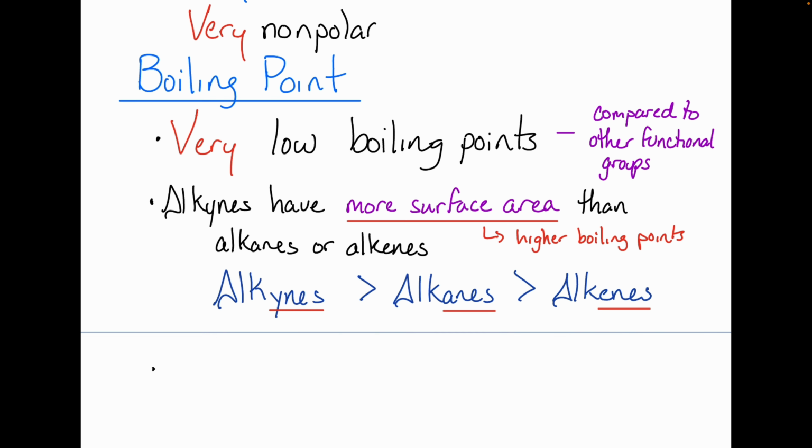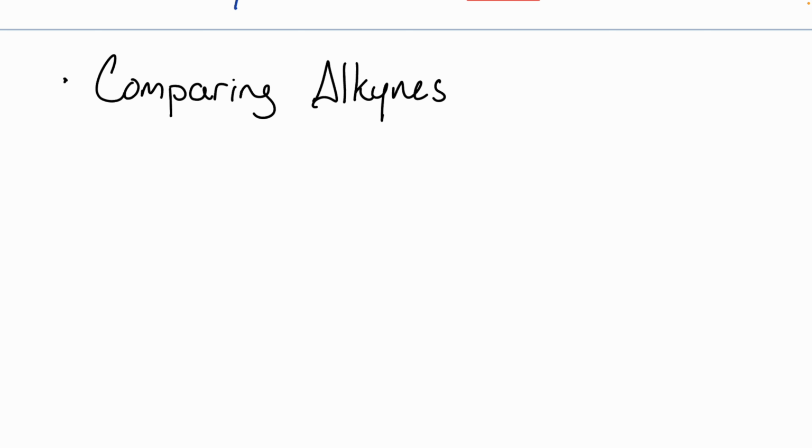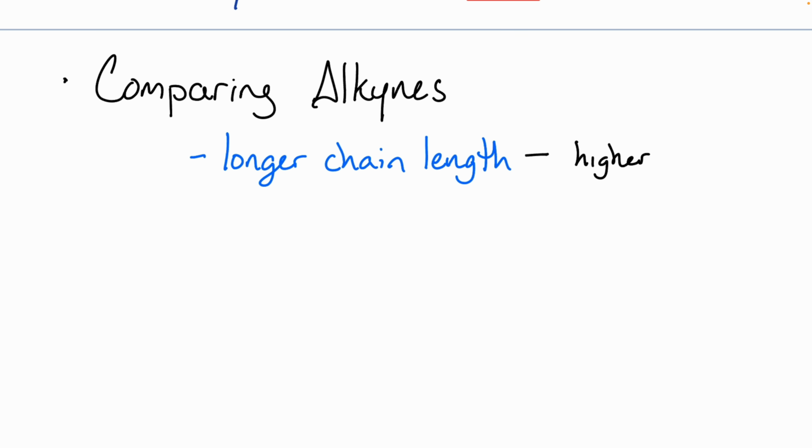Okay, so now let's say that we're comparing two alkynes. What about longer chain length? What will that do to our boiling point? Increase or decrease? If we have a big alkyne, is that going to have a higher or lower boiling point than a little alkyne? It's going to be higher. Same trend that we saw with alkanes and alkenes.